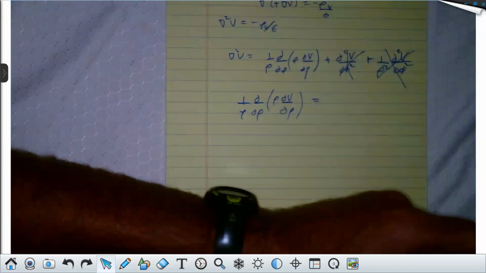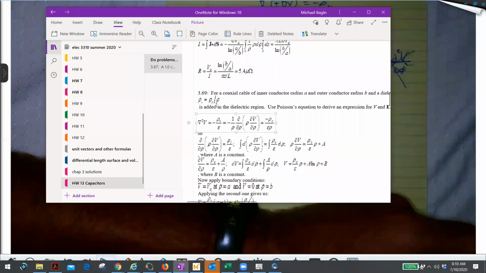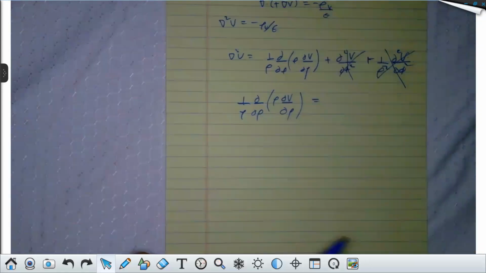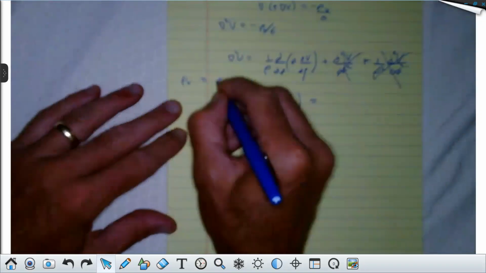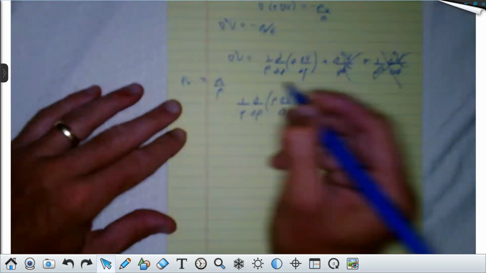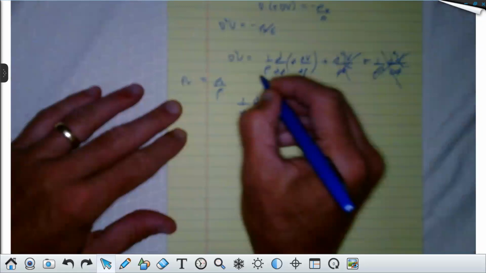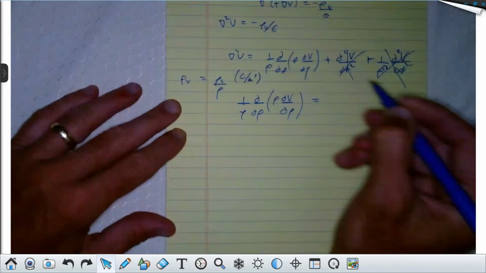Now, let me just see, in his problem statement, he says that this is a charge density in the dielectric, but that says surface. Let me see what he actually does. Oh, he puts it in here. He actually says that's a volumetric charge density. So now I have to say this. The volumetric charge density is some constant, call it rho 0 over rho, and that would be in coulombs per meter cubed.